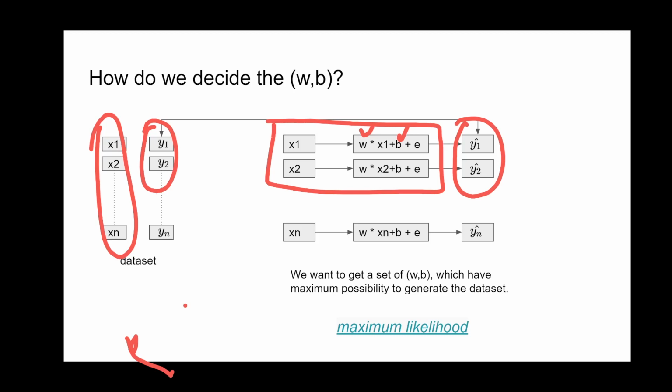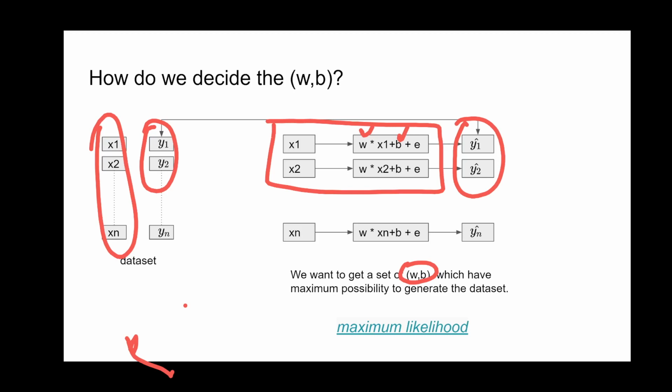It means that we will try to get a set of W and B which can generate a set of y hat here, and the difference between the y hat and the y will be the minimum value. So in linear algebra, that's called a data fitting problem.